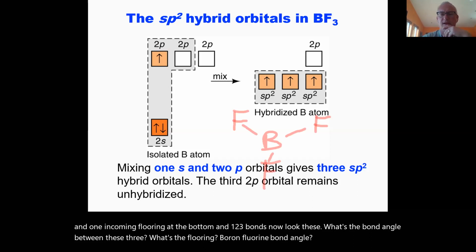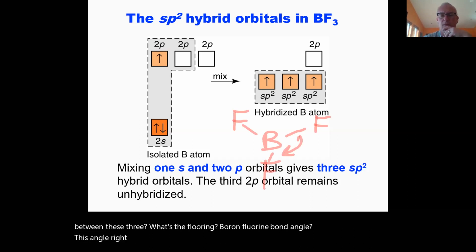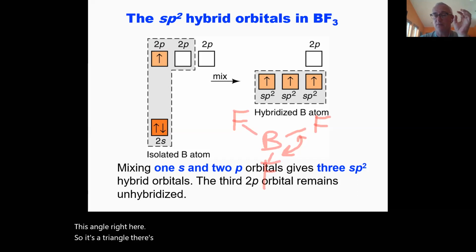This angle right here. So it's a triangle. There's 3 bonds. So what are the angles of all 3? 120. Yeah, exactly. 120 degrees.